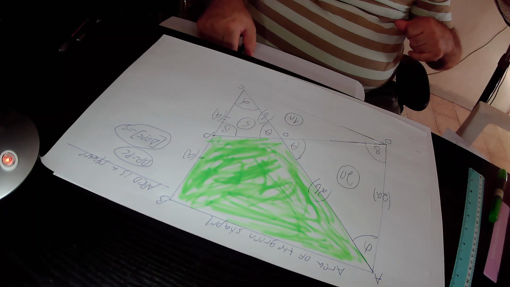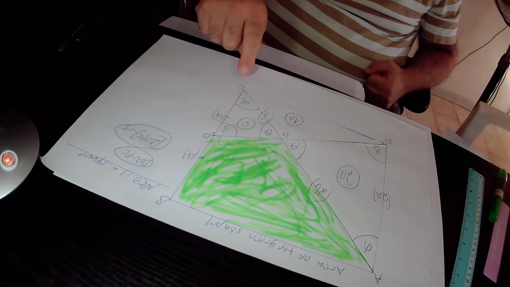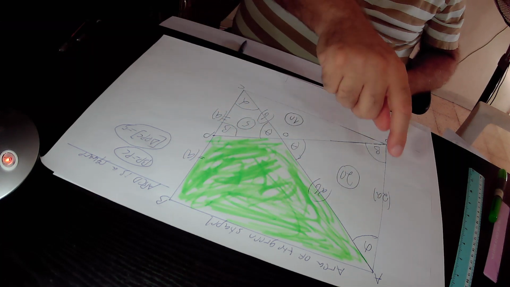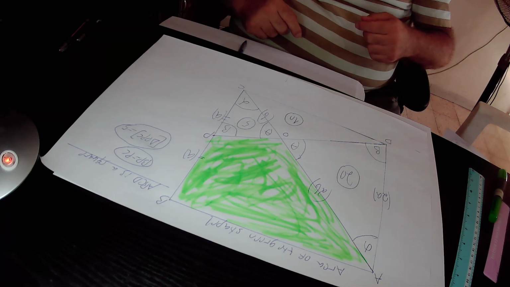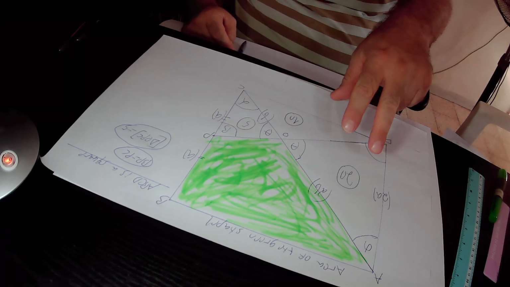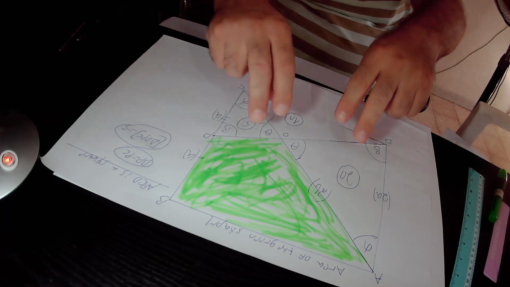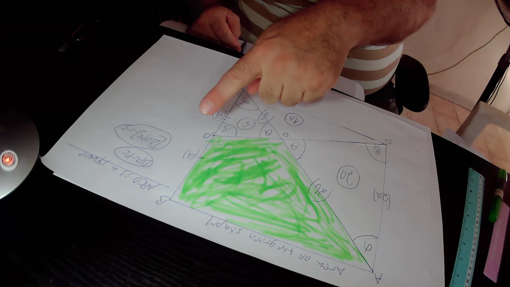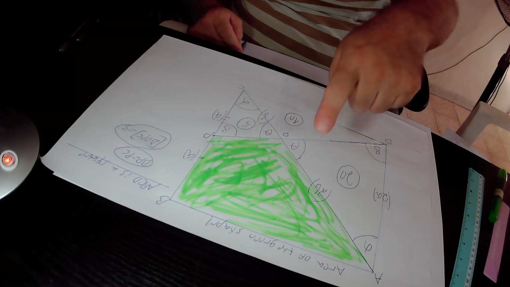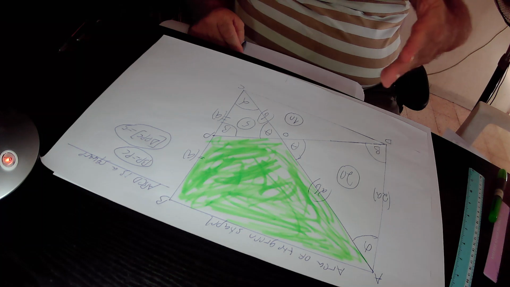It is very easy to see, knowing that this is the right triangle ABC, that this triangle ABC is congruent to this triangle ADC according to the side rule. Repeat again, this triangle ABC is congruent to this triangle ADC according to the side rule. So why are those two triangles congruent? First of all, side AB of triangle ABC is equal to side DC of triangle ADC because ABCD is a square.